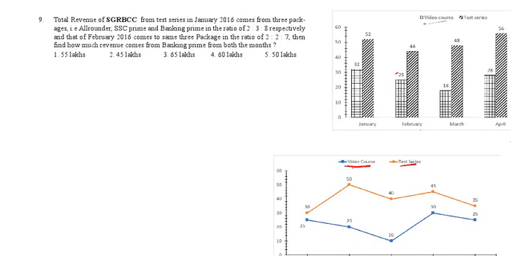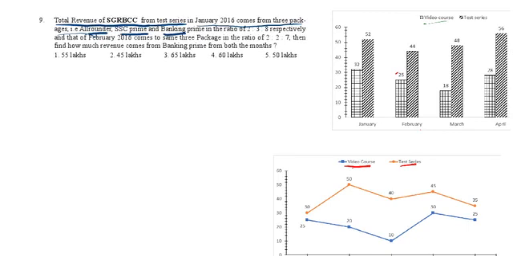Total revenue of SGR BCC from test series in January 2016 comes from 3 packages, that is All-Rounder, SSC Prime and Banking Prime, in the ratio of 2:3:8.